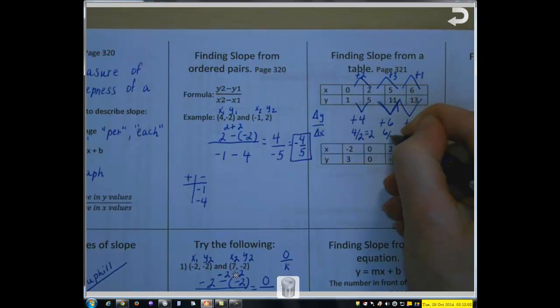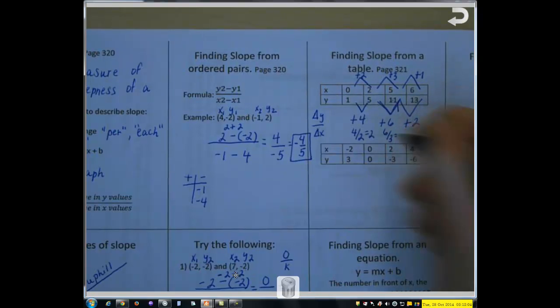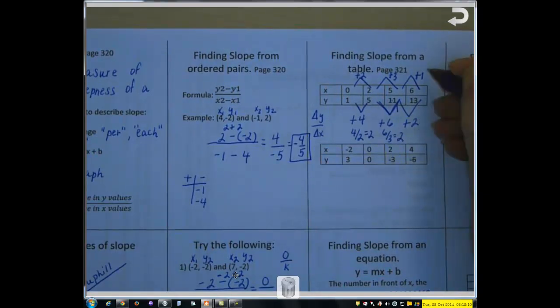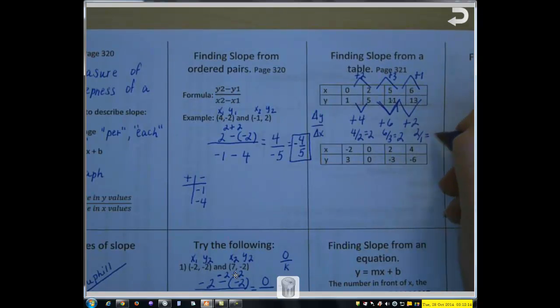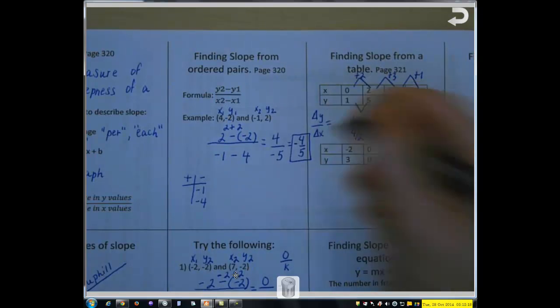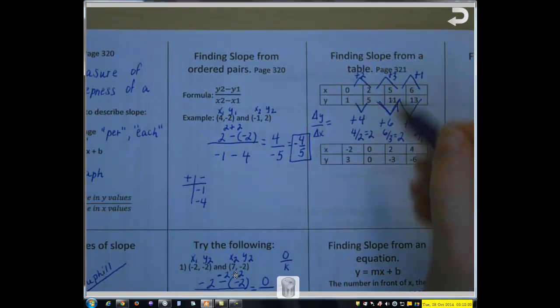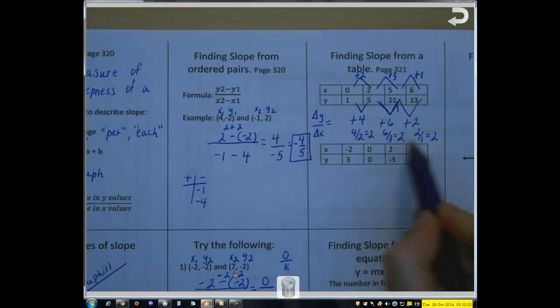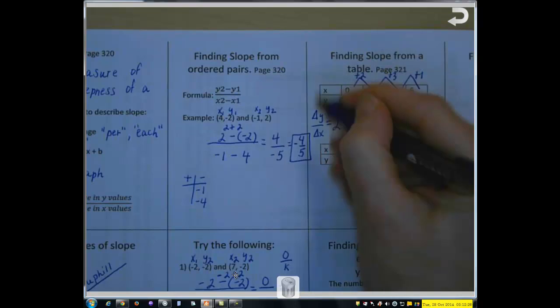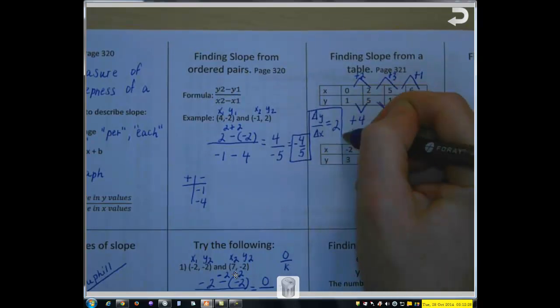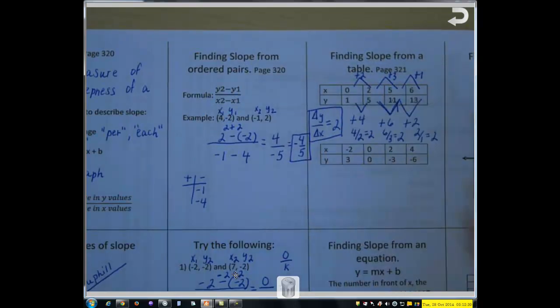Notice that 6 over 3 also simplifies to 2. 2 over 1 also simplifies to 2. So our change in y over change in x for each ordered pair in this table is 2. So our slope in this table is 2.